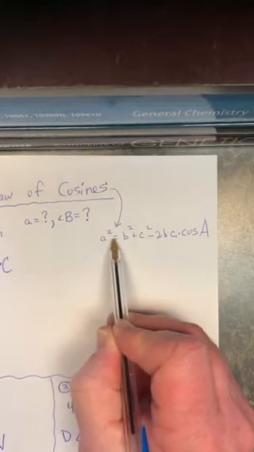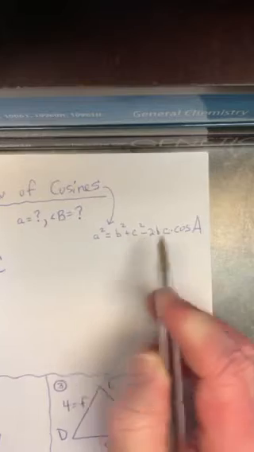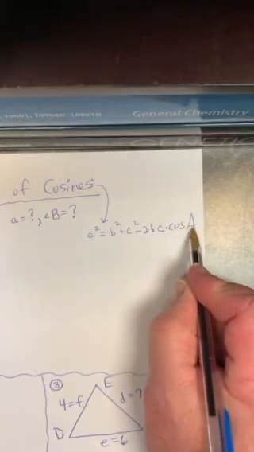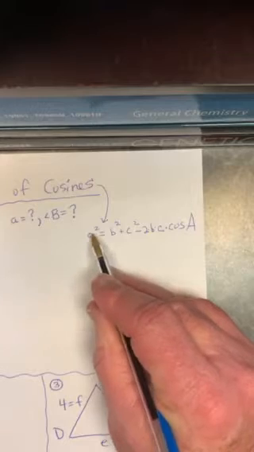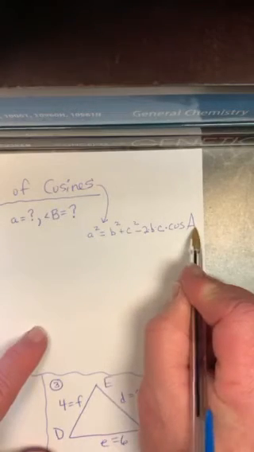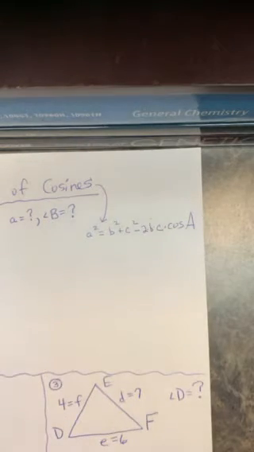So if you start your formula with little side A, it's going to end with the angle A, that's across from that side. So little a matches the capital A. That's always the case.